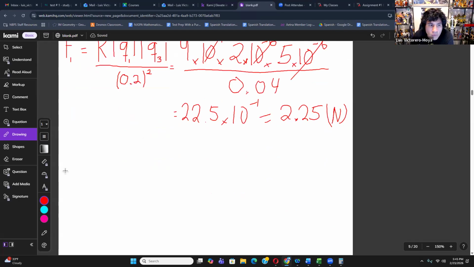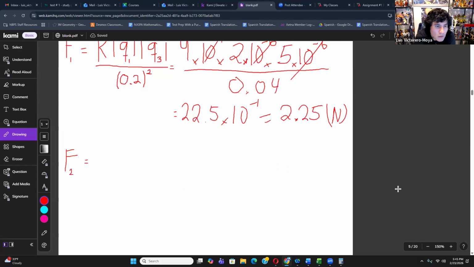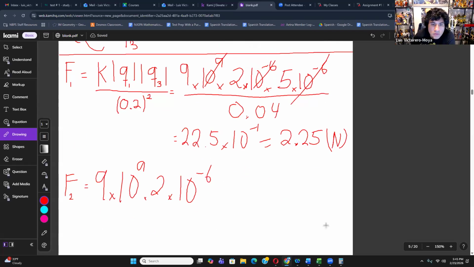For F2, you will use the same equation. Q1 doesn't change. Now it's Q2. So divide by the distance.